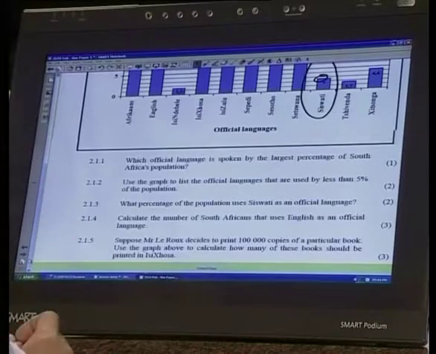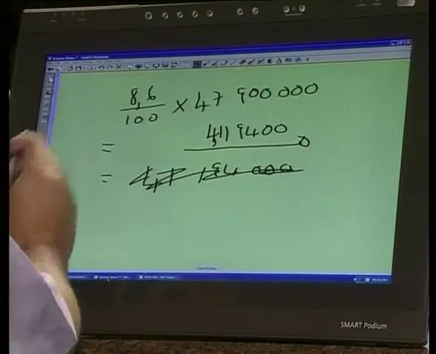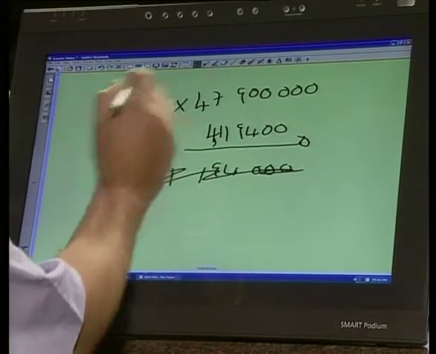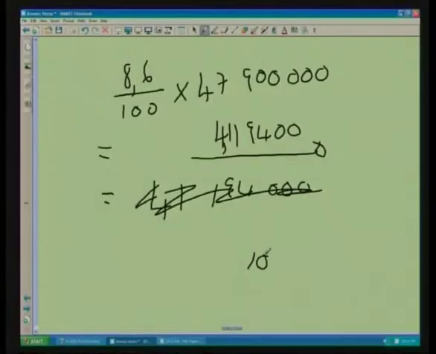But how many of those books are we going to print in isiXhosa? Well, let's have a look. We know that this guy is printing 100,000 books. That's all. Now, of that, he's printing a certain percentage.